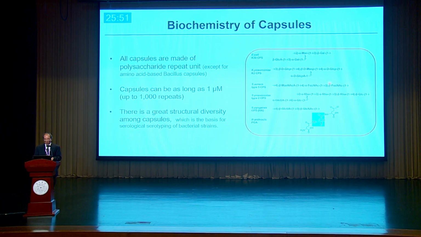Here are some examples, with one exception, Bacillus anthracis, a favorite organism Terry has studied for many years. It's made of a single amino acid, but that's really rare. Virtually all the other capsules are made of polysaccharide. And I think we can debate why not all bacteria use one material or half and half.